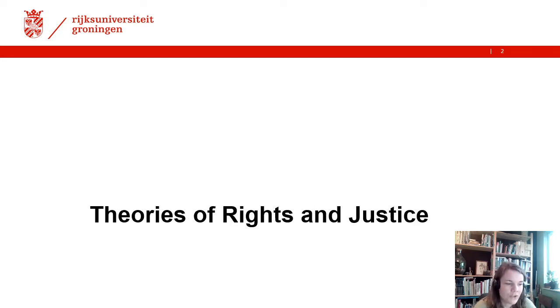You might wonder, of course, why we are discussing rights and justice in a lecture series on normative ethical theories. Well, because rights typically result in a duty to others to respect these rights, right? The rights of one person correspond to a duty on another person to respect these rights.